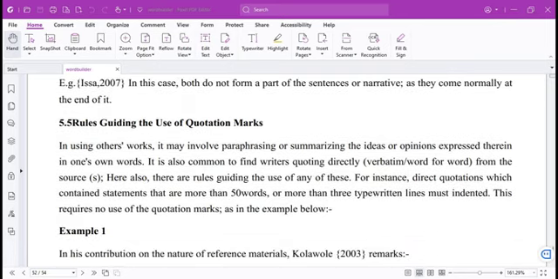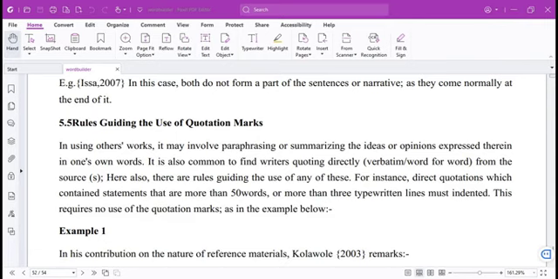Alright, you look at rules guiding the use of quotation marks. In using others' works, it may involve paraphrasing or summarizing the ideas or opinions expressed therein in one's own words. It is also common to find writers quoting directly, verbatim, that is word for word, from the source or sources. Here also, there are rules guiding the use of any of these.